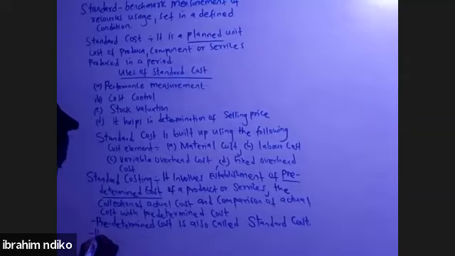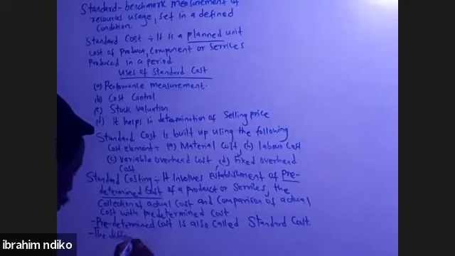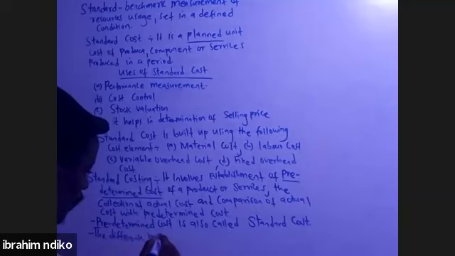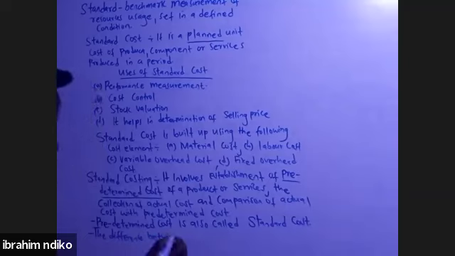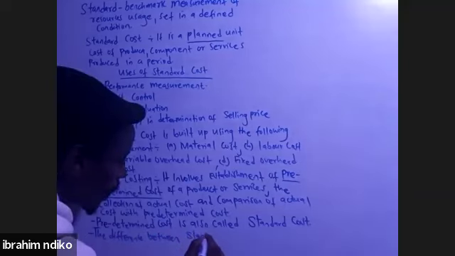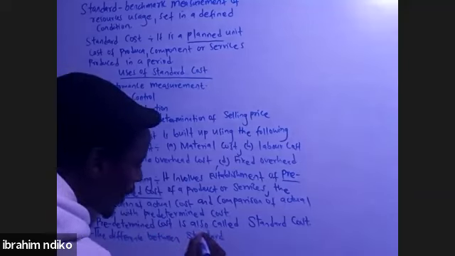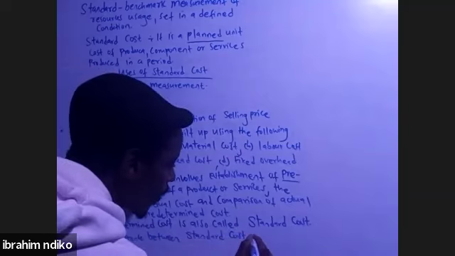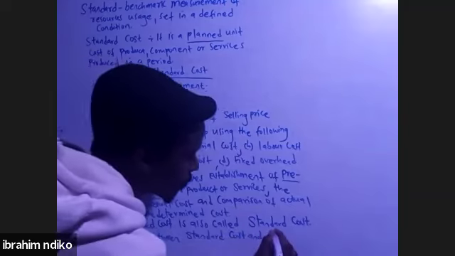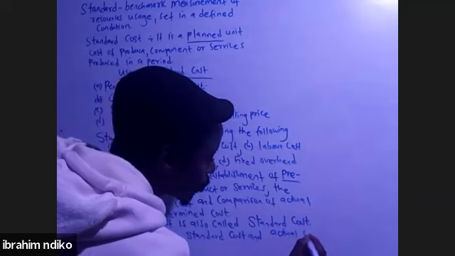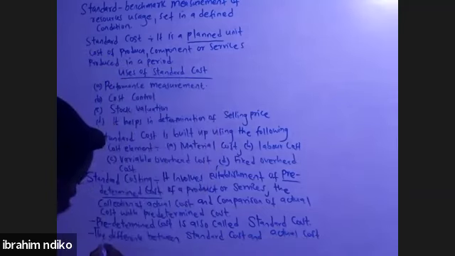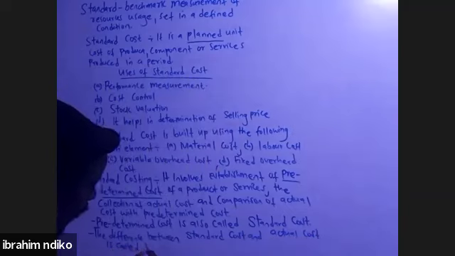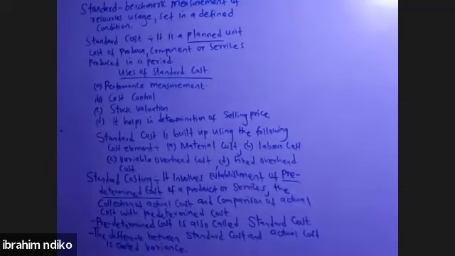Lastly, the difference between standard cost and actual cost is called variance.